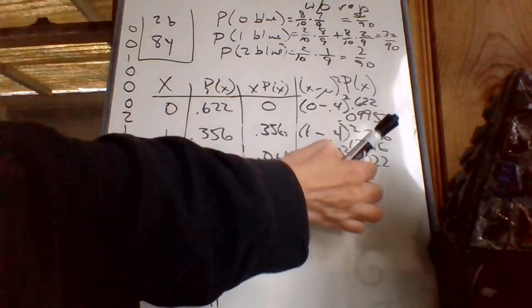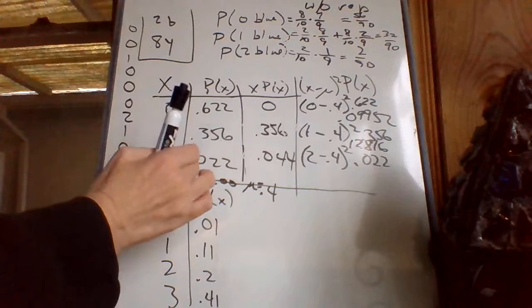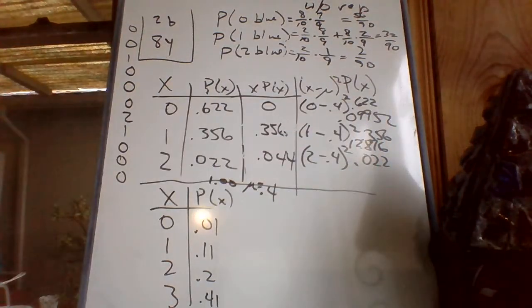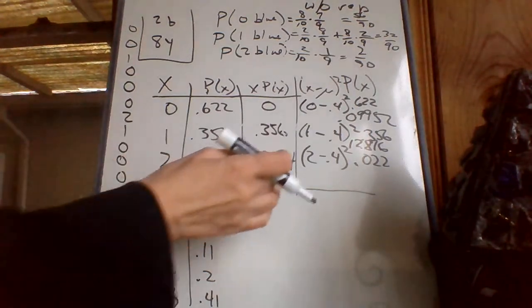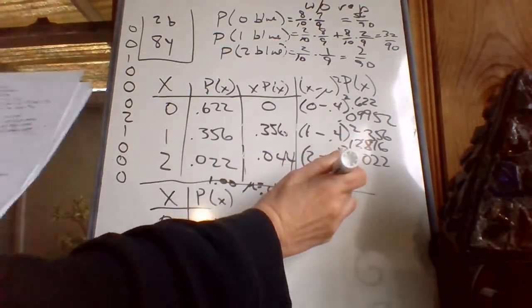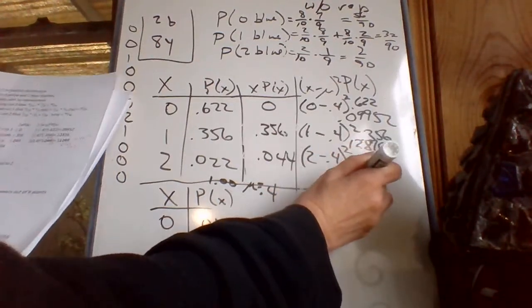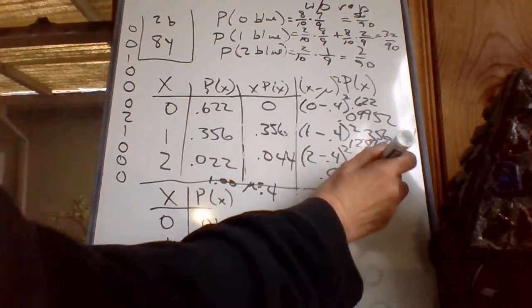I grab a number out of here and put it there, which you're not supposed to do. Make sure to drag yourself all the way back and put these numbers in to multiply by, which is what went wrong in the notes. But anyway, if you do it right, 1.6 squared times 0.022, you should get 0.05632.